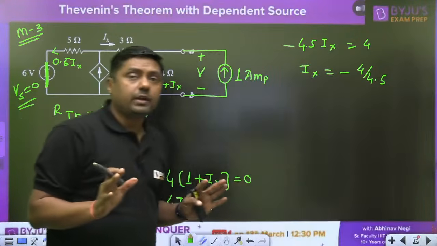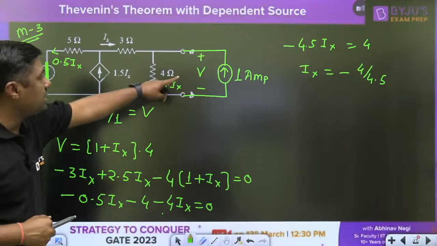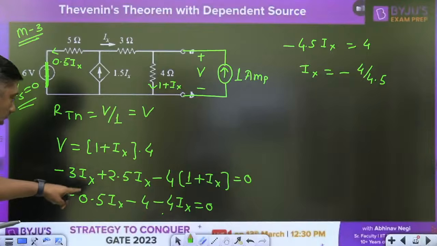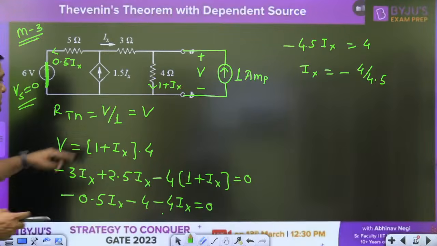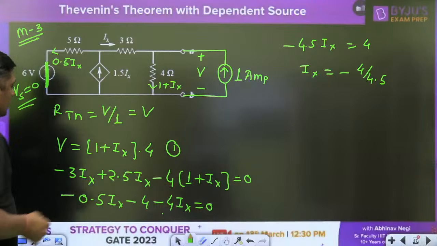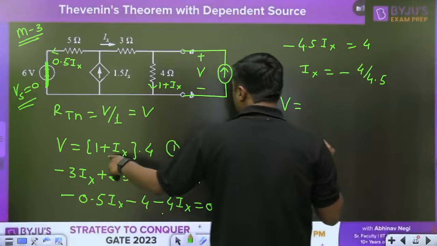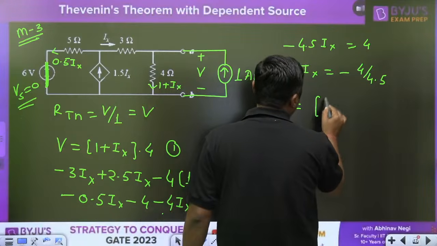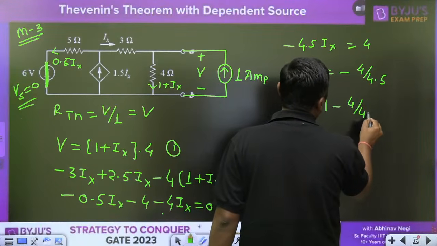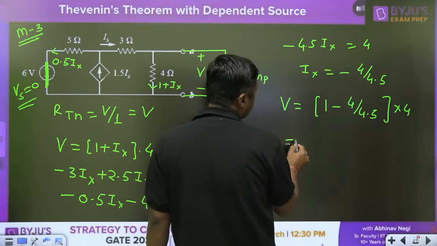Very simple, right? So 1 volt battery or 1 ampere current source. This is a 1 ampere current source I am connecting. Now once you get the Ix, this is equation number 1. Put it in 1, you will get V is equal to (1 minus 4 upon 4.5) into 4. Tell me what is the answer here.